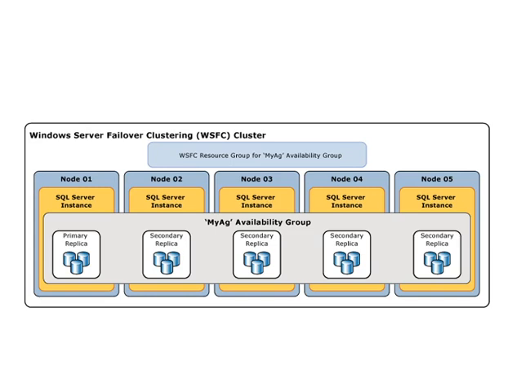In this diagram, I have created a primary replica and secondary replicas of my availability group. I have one primary and four secondary replicas. When we are creating Always On, all these five should be part of a Windows Server failover clustering group.